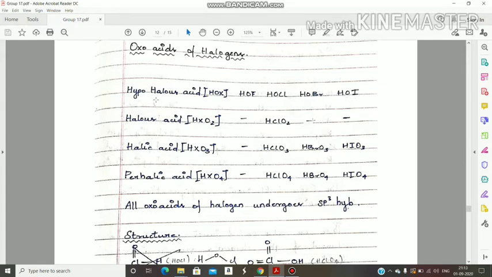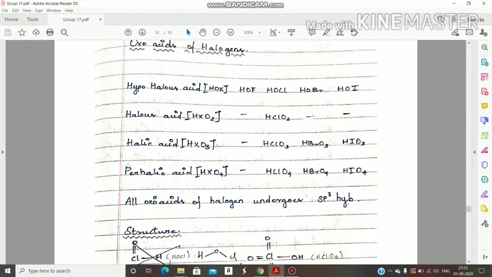Instead of halous, you have to put the corresponding halogen. Next, halous acid means HClO2, HBrO2, HIO2. Halic acid means HClO3, HBrO3, HIO3. Perhalic acid means HClO4, HBrO4, HIO4. Here you have to know about their structures, especially the structure of oxo acids of chlorine.